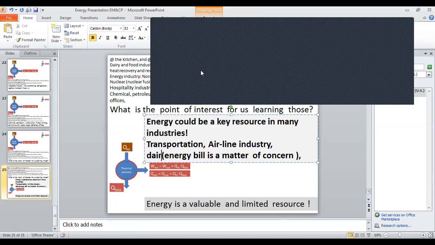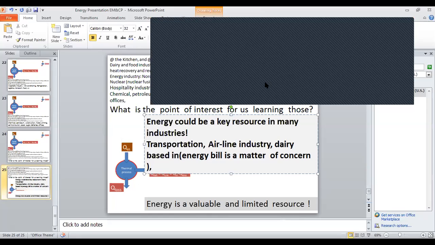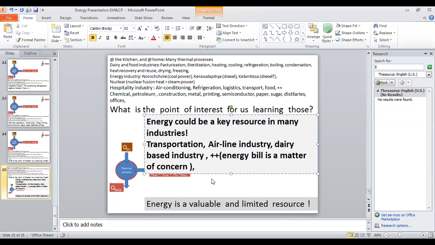Dairy-based industries. And there should be many things. Many industries.